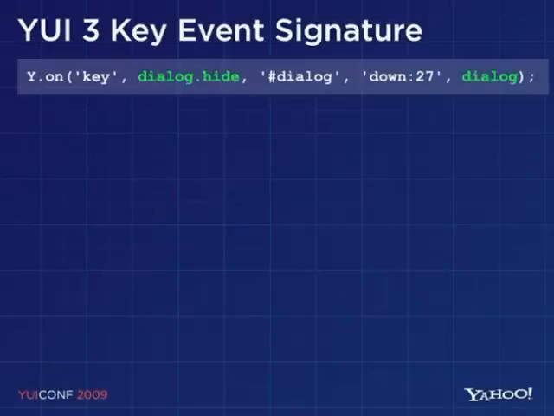That controls the default context that this handler is going to be executed with, and that ensures that when hide gets called, it is executed with the context of the dialog. That's how it all comes together, and that's how it is very simple to bind keystrokes to your widgets in YUI3.